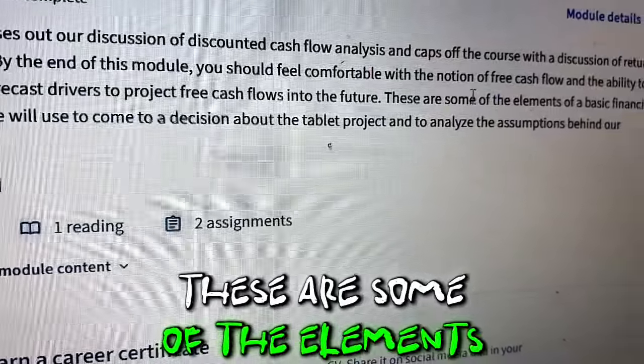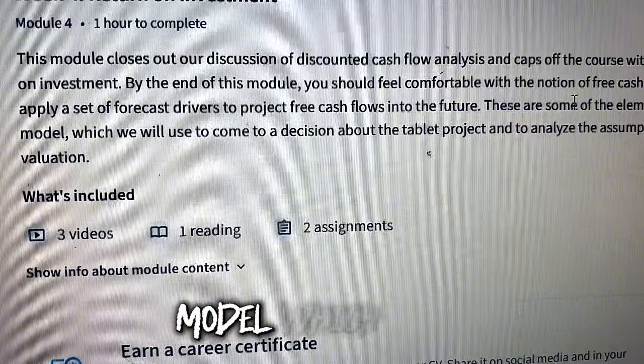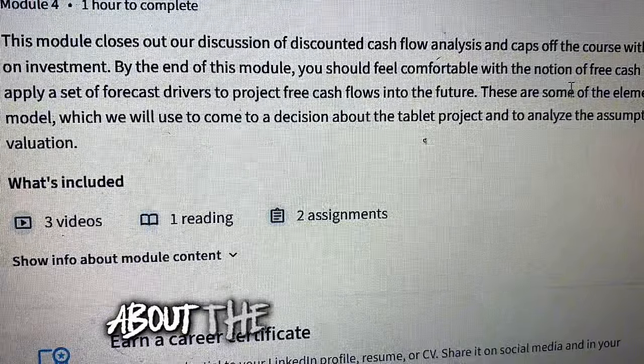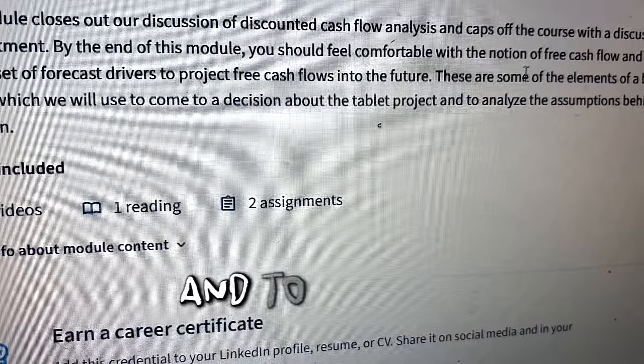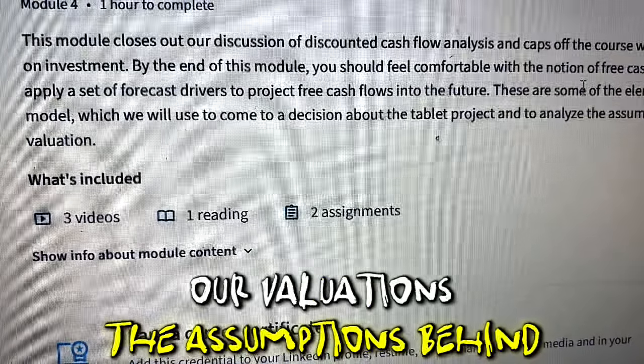These are some of the elements of a basic financial model which we will use to come to a decision about the tablet project and to analyze the assumptions behind our valuations.